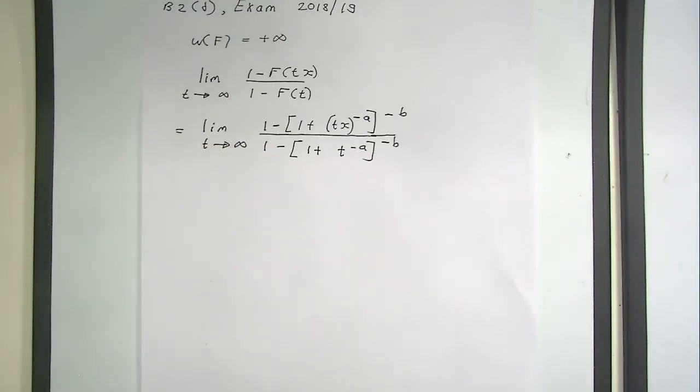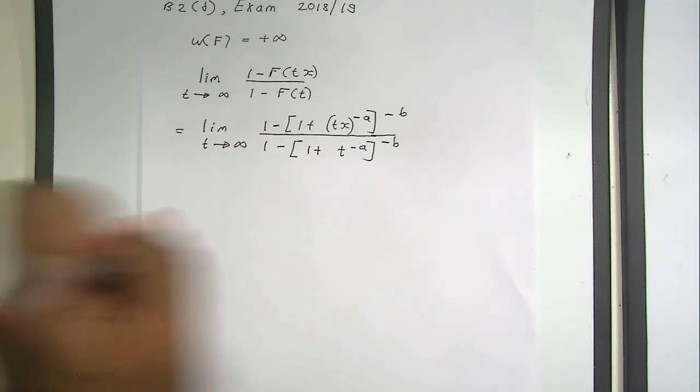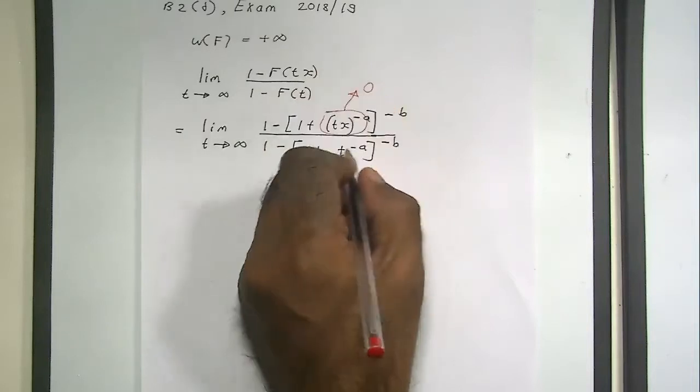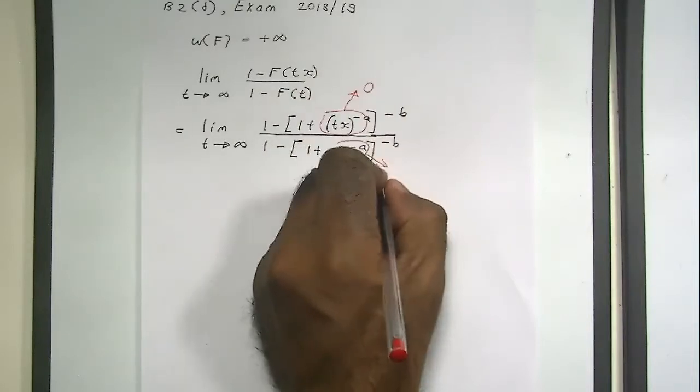Like this, right? Now, as t goes to infinity, we know that this guy here goes to 0, and so is this one.